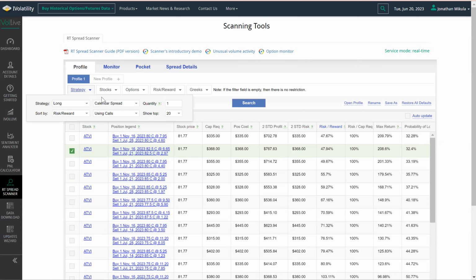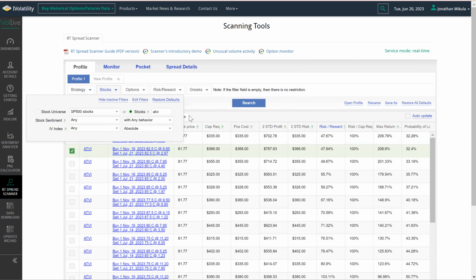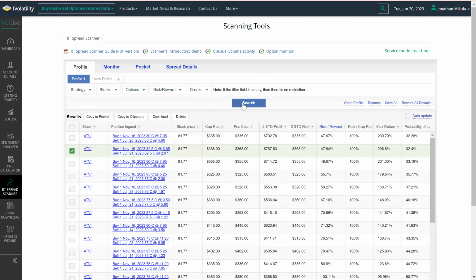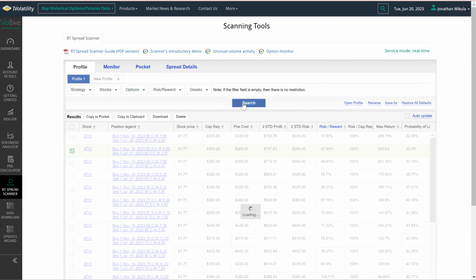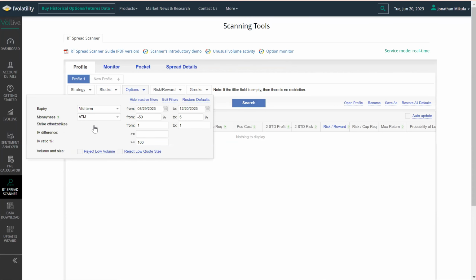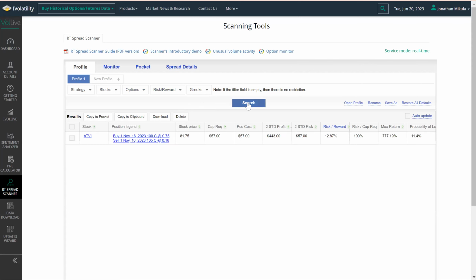I also want to show a long bull vertical spread for Activision, so you guys can visualize what that looks like on our system. We'll keep everything here the same, looking at midterm. Let me come here, options, and hit search. So here we go. Here's our result. There's a difference between a calendar spread and a bull vertical spread.